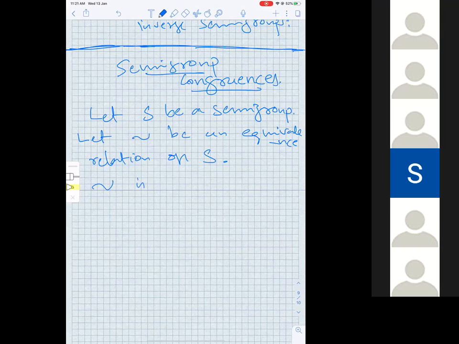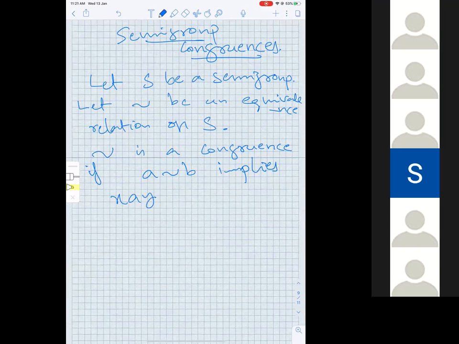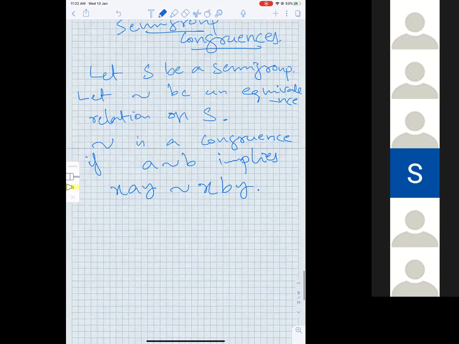Tilde is a congruence if A tilde B implies XAY tilde XBY. What does this mean? This means that this equivalence relation respects the multiplication operation of the semigroup.